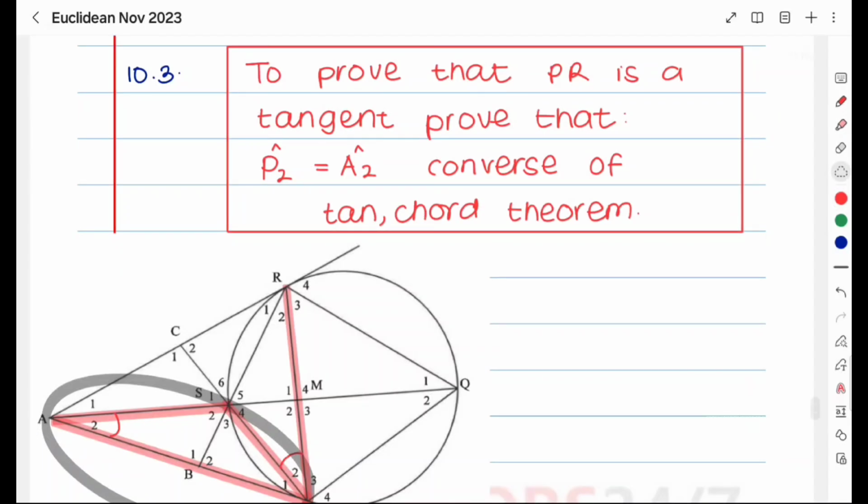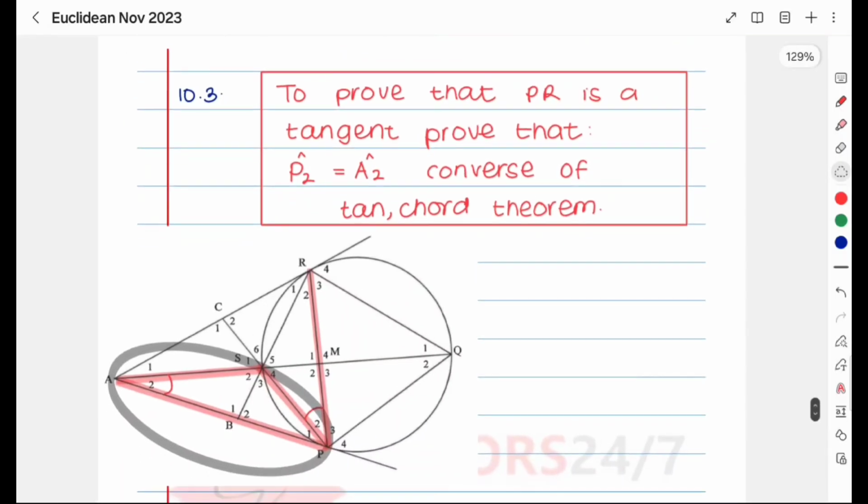So to prove that PR is a tangent, we need to prove that P2 is equal to A2, and our reason will just be the converse of the tan chord theorem. So let's get started. If we need to prove that P2 is equal to A2, all we're going to do is identify what the angles are equal to on their own, and then try to connect them.